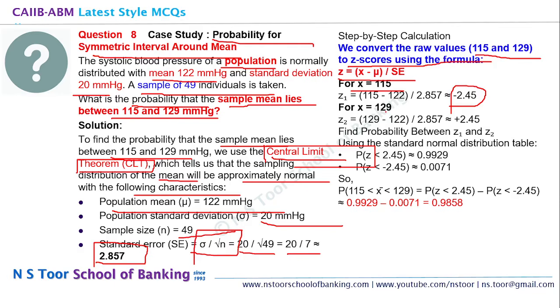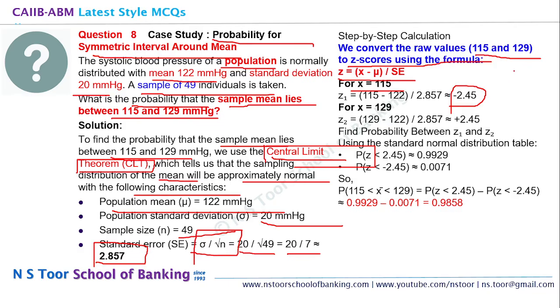Please calculate for 129 in a similar way. It is my request for you to calculate it on your own, so that your concepts become clear and you also get practice. Now we have calculated it by considering x as 115.